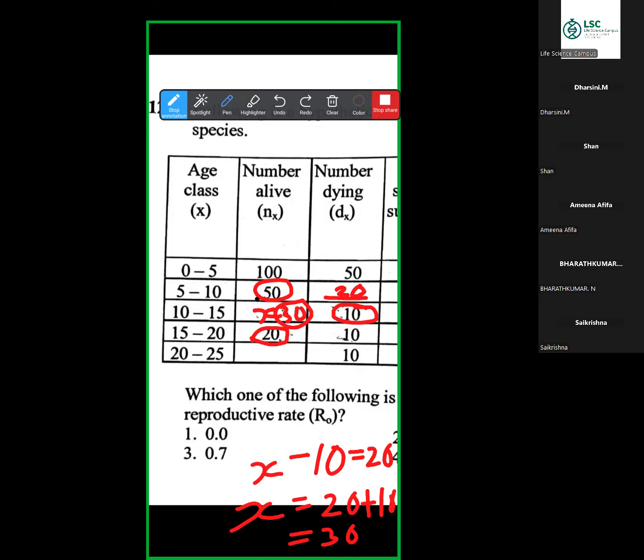Out of the 50 individuals, 20 individuals died and 30 individuals will be present here. Then out of the 30 individuals, 10 individuals died. So obviously there will be 20 individuals. Then out of these 20 individuals, 10 individuals died. So there will be 10 individuals present in the 5th age class. Is it okay?